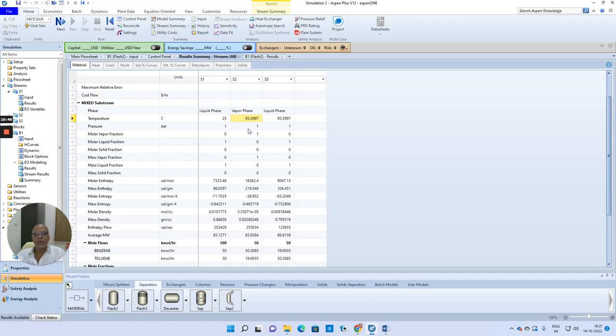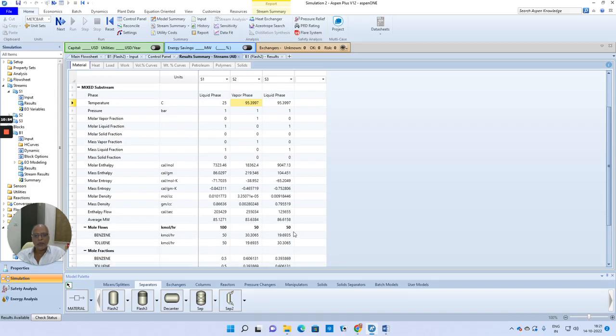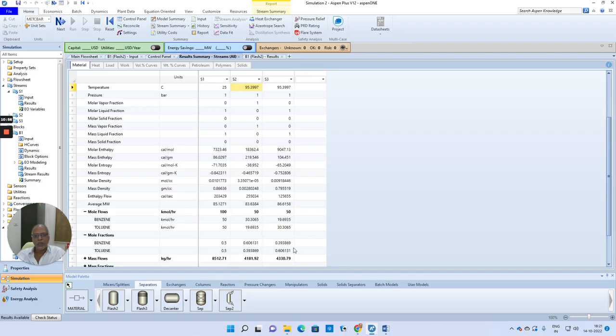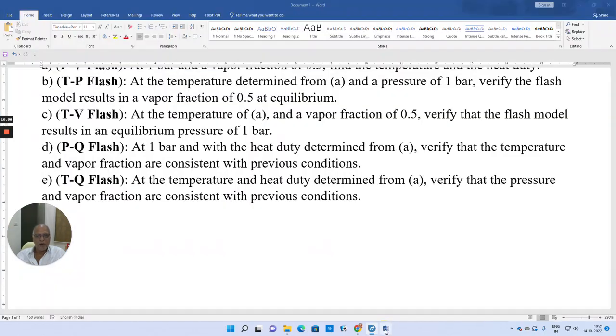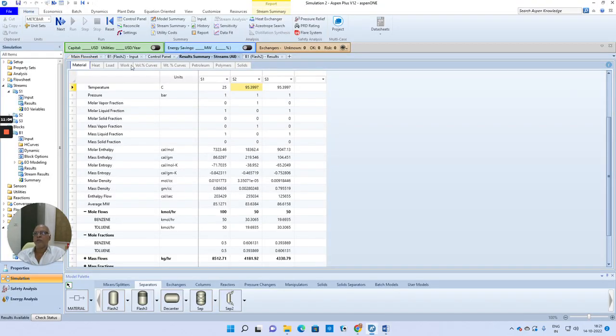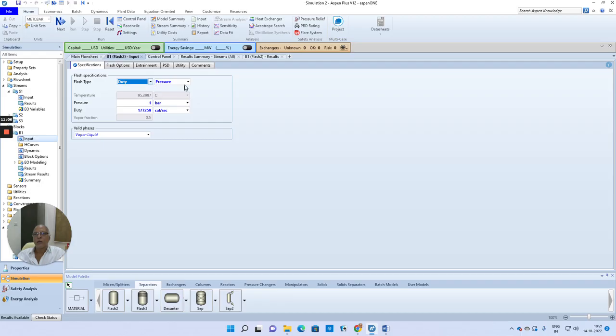So once again, you can see the temperature has been calculated the same as the previous one, 95.3997, and we were able to get 50% liquid, 50% vapor with the same compositions. In the same way, you can also do the last one, temperature and heat duty. So instead of pressure, let me select temperature.